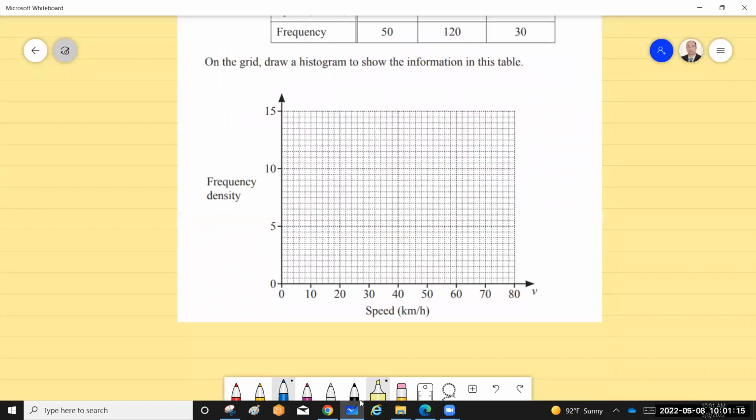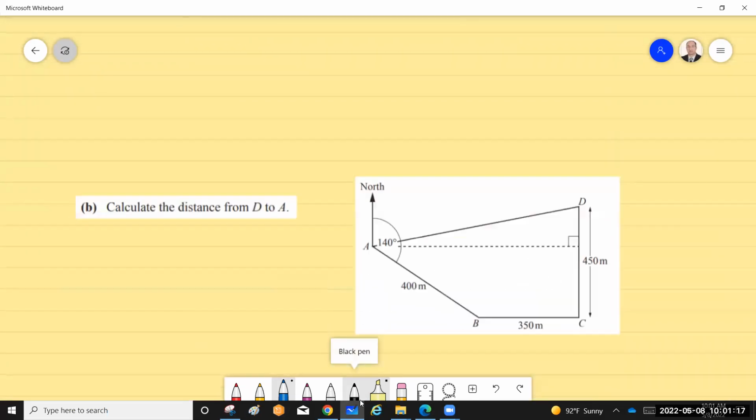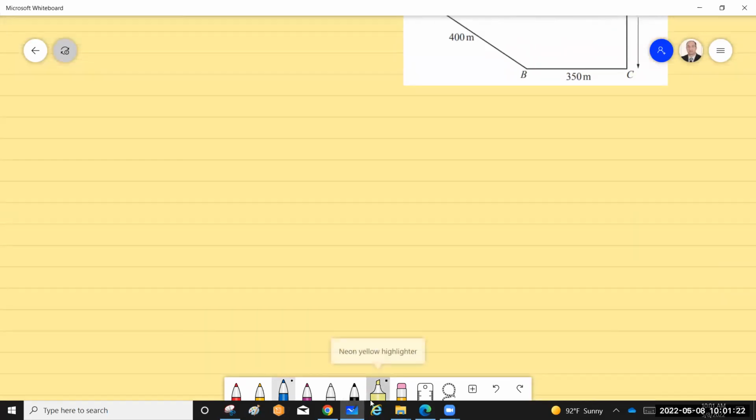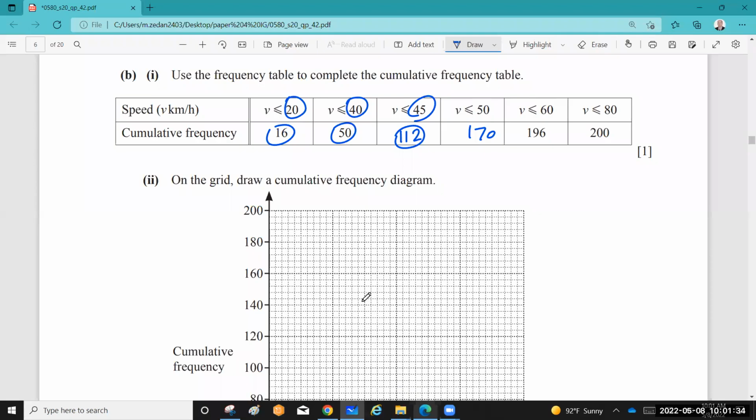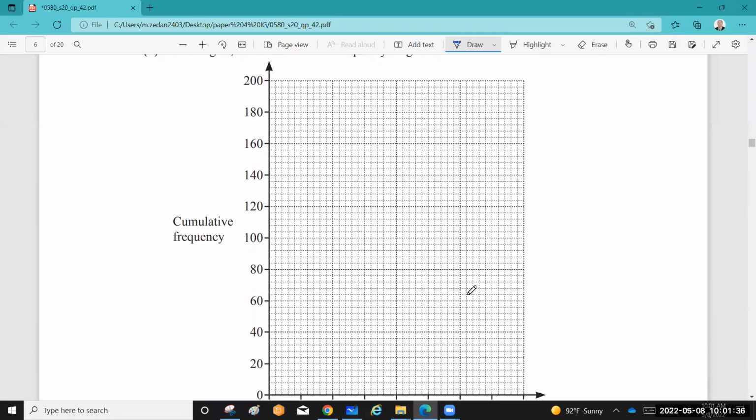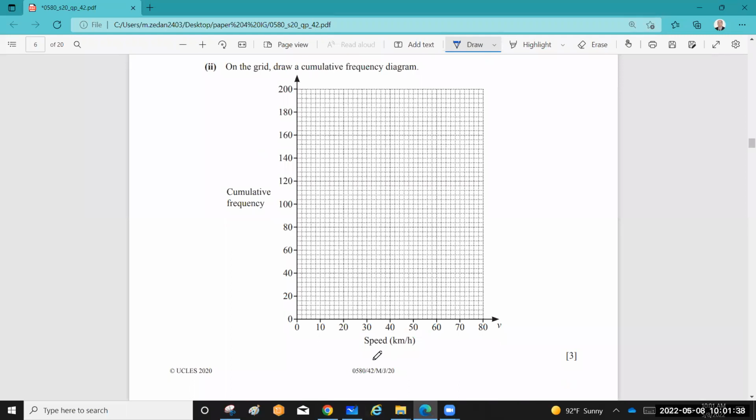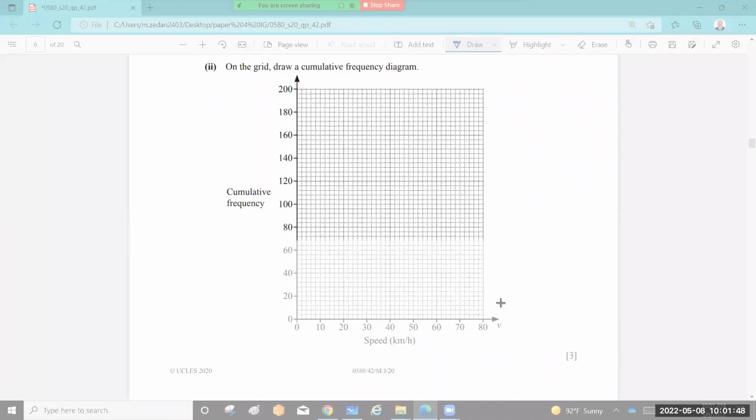Let me show you this part. Here you just plot the points.